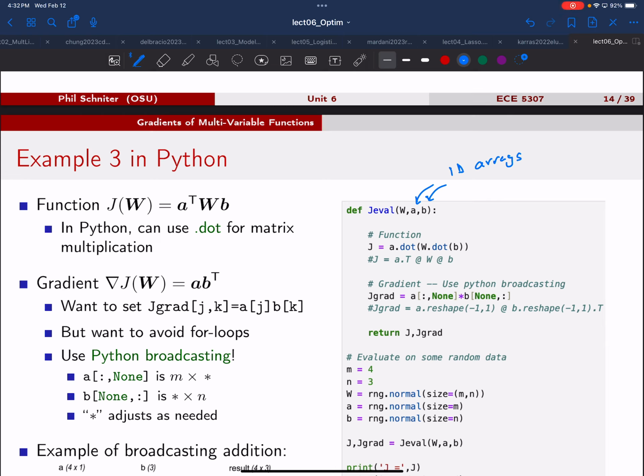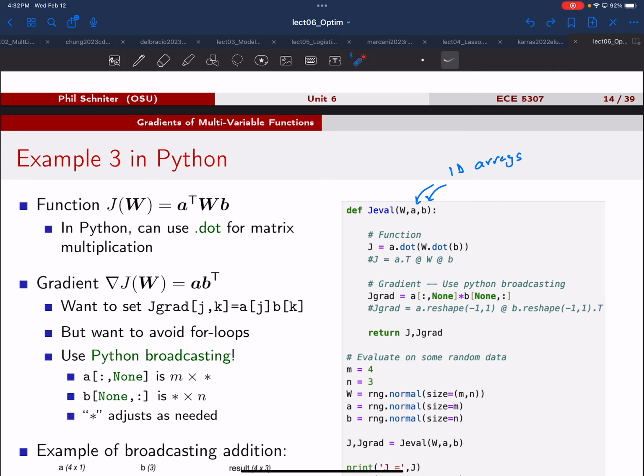A row vector would be a matrix with one row, a column vector a matrix with one column. But a one-dimensional array is not even living in the world of matrices, so it's neither a row nor a column. So if I want to do something like this in NumPy with one-dimensional arrays, I can't. It's not exactly clear how to do it.